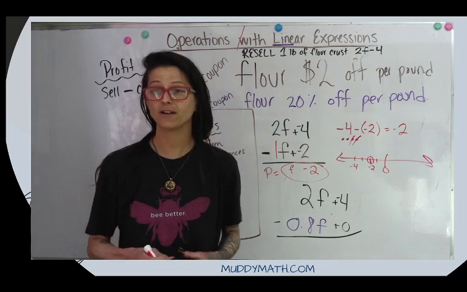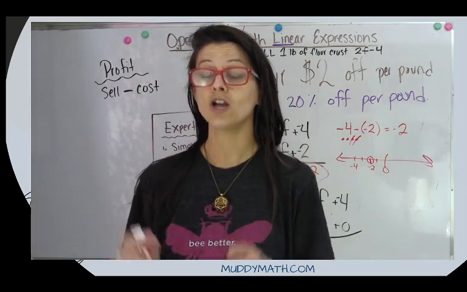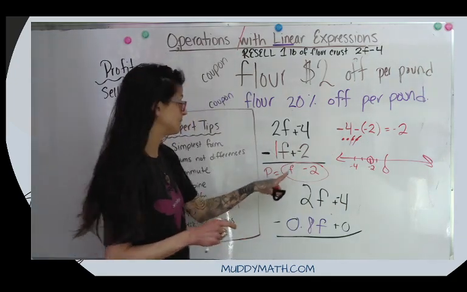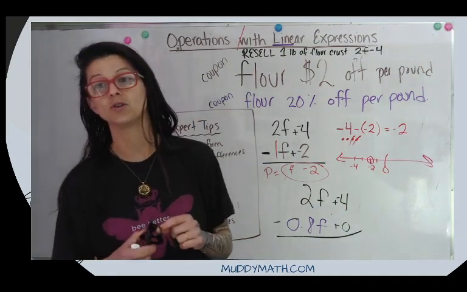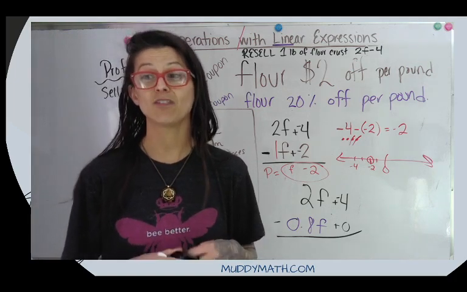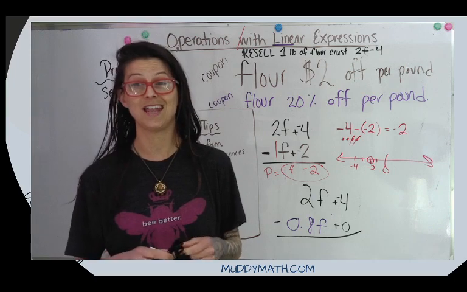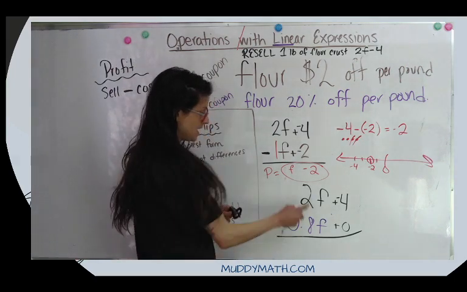For each pound of flour we sell, we are earning $2 less than the cost of a pound of flour. So as long as the pound of flour originally cost more than $2, we'll be making a profit. If the pound of flour originally cost less than $2, then we're in the negatives. We're not making money.